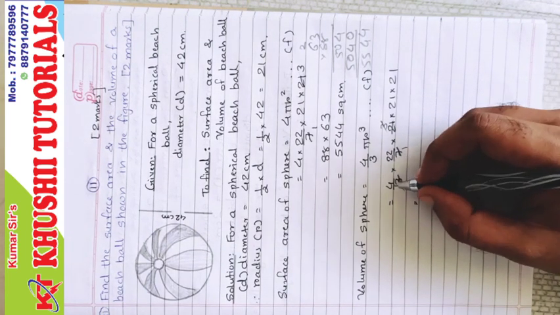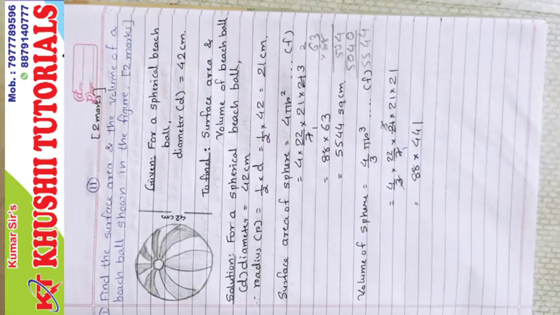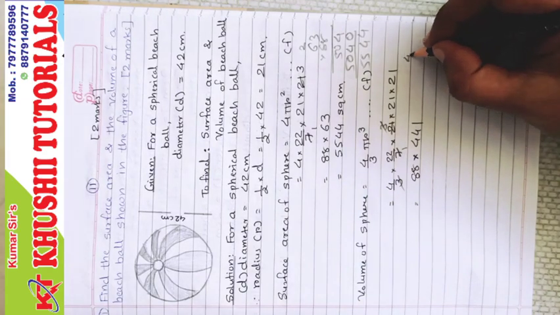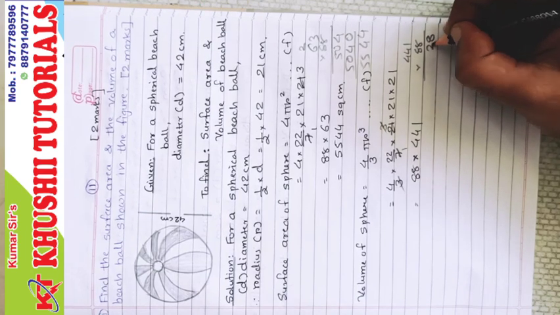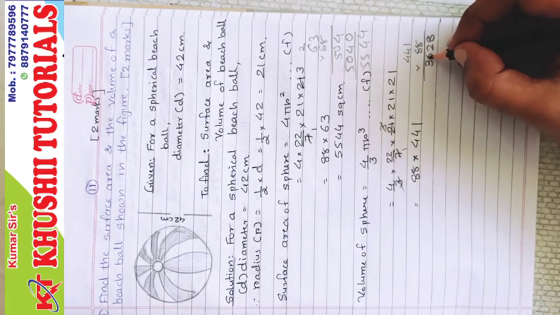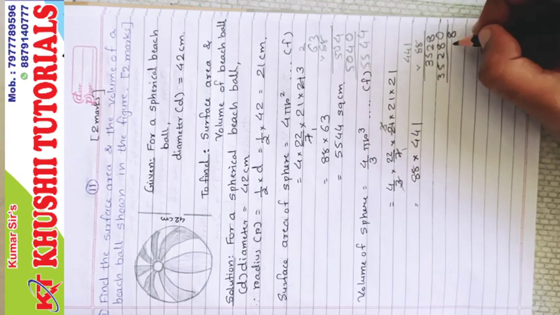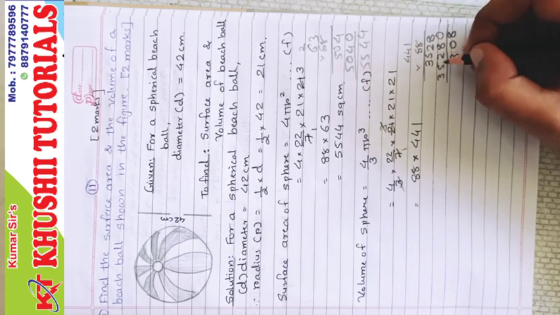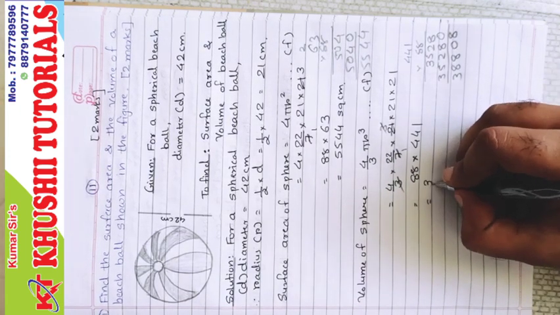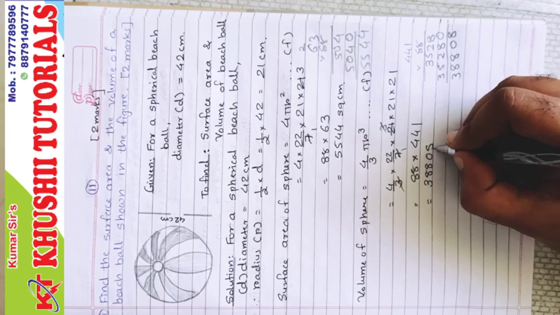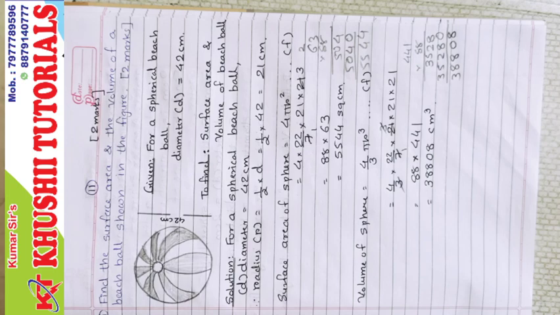Now 22 into 4 again 88, and 21 square is 441. So 441 into 88. 8 ones are 8, 8 fours are 32, and so on. So it is 38808 centimeter cube. This is the volume of a ball.